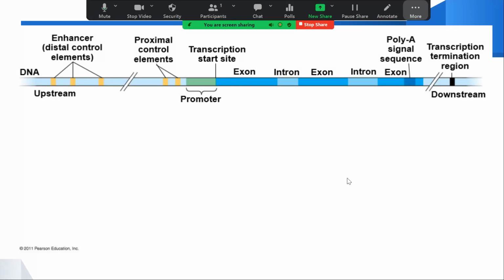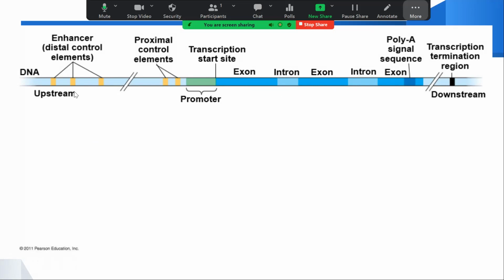So if we look at this picture here, you've got a sequence of DNA, and in that DNA, you've got your promoter region, your exons, your introns. So this is the portion that's going to produce the messenger RNA, which would then produce the protein. Upstream of it, in another location on the same chromosome, is what's called an enhancer region.